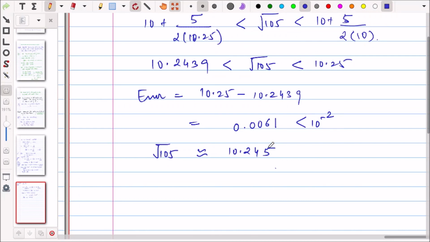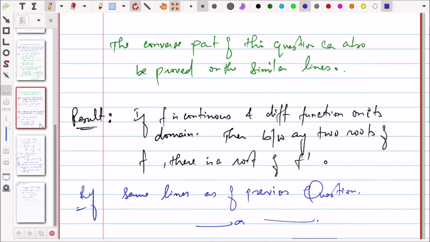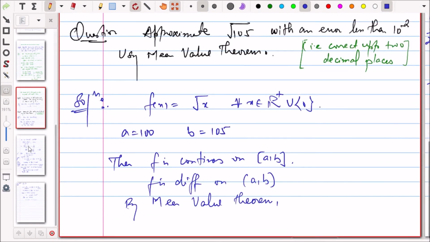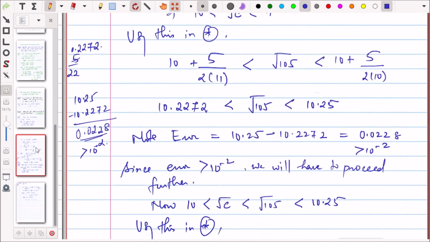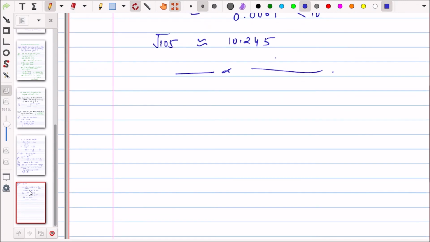So this is an improved error. और क्या कर सकते थे, इन दोनों का मिड पॉइंट दे सकते थे तो और बेटर इंप्रूव हो जाता वो एरर. दोनों का मिड पॉइंट दे दोगे तो, क्योंकि फिर इन दोनों से डिफरेंस लोगे तो वो आ जाएगा, ठीक है? क्योंकि दिस लाइज बिटवीन दीज टू. इज इट फाइन? अप्रोक्सीमेट, ठीक है, यूजिंग योर मीन वैल्यू थ्योरम. सो इस तरह से ही कर सकते हो. तो तुम्हें रूट के ही ज्यादातर क्वेश्चंस आएंगे अप्रोक्सीमेट करने को, क्यूब वाले कम आएंगे. सो दिस इज हाउ यू कैन अप्रोक्सीमेट यूजिंग मीन वैल्यू थ्योरम.